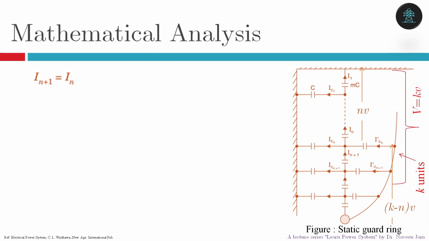Now, you can see this current In plus 1 must equal In, and this ICn must equal I dash Cn.